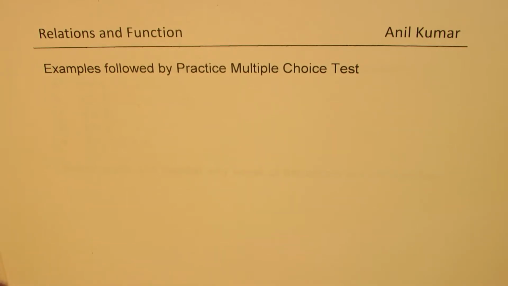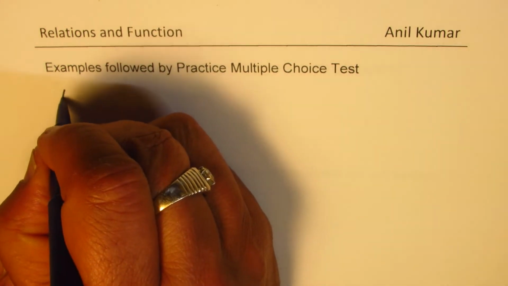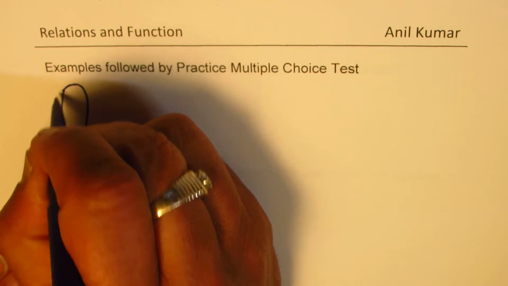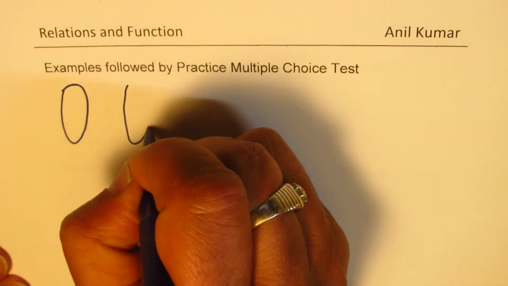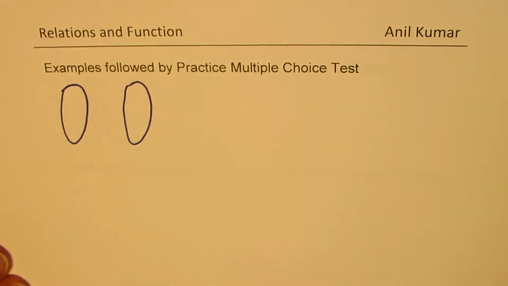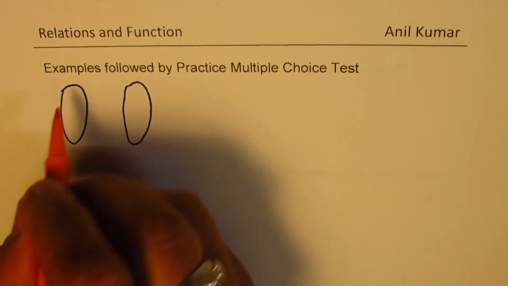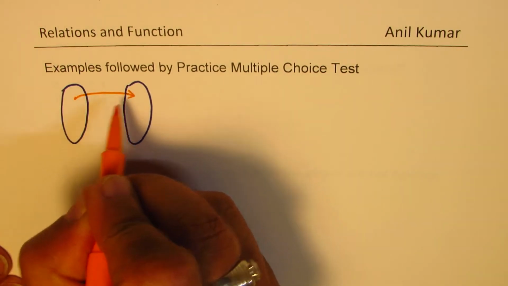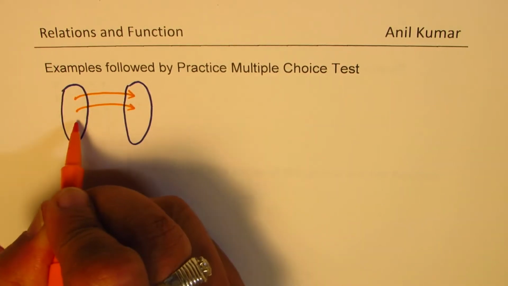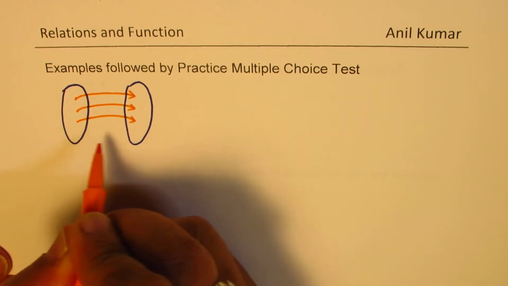Now when we're talking about examples, first let's do a mapping diagram, right? So functions can be represented in many different ways. Mapping diagrams is one of them, where we relate things like this, right?